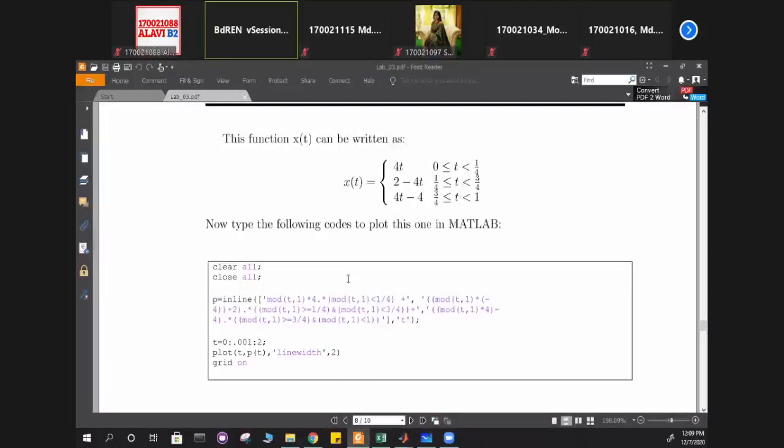Now try to get this: we are transforming the whole t variable using mod(t, 1). We are taking this particular t value within the range from 0 to 1, so that we can calculate x(t) using those values from 0 to 1.